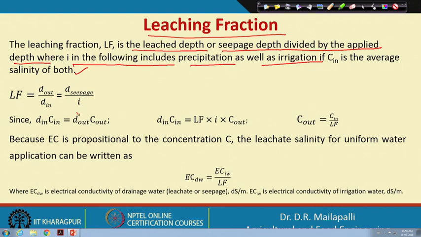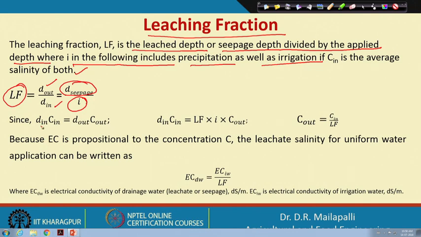The leaching fraction is the amount of water used to leach the salts from the soil body. So LF is equal to d out divided by d in, where d out is the drainage and d in is the irrigation as well as rainfall, the total.